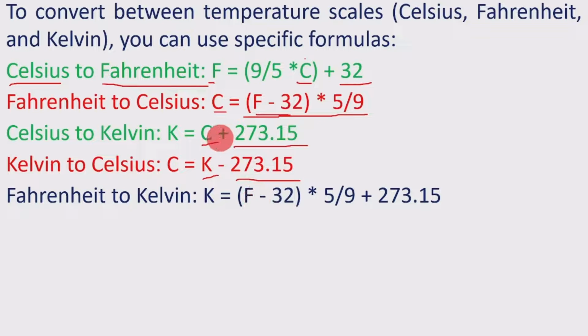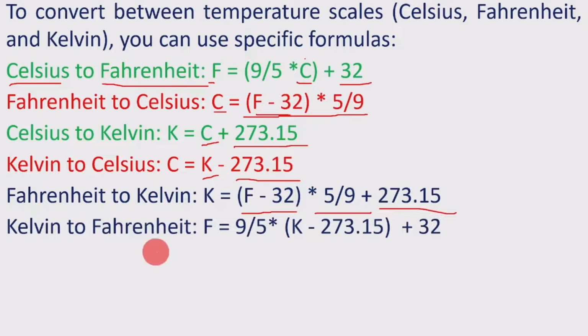That gives Fahrenheit to Kelvin: F minus 32 into 5 by 9, plus 273.15. Then Kelvin to Fahrenheit: in the Fahrenheit relation, we substitute the Celsius value, K minus 273.15, into 9 by 5 multiplied by Celsius. Adding 32, we get the temperature in Fahrenheit from the Kelvin.